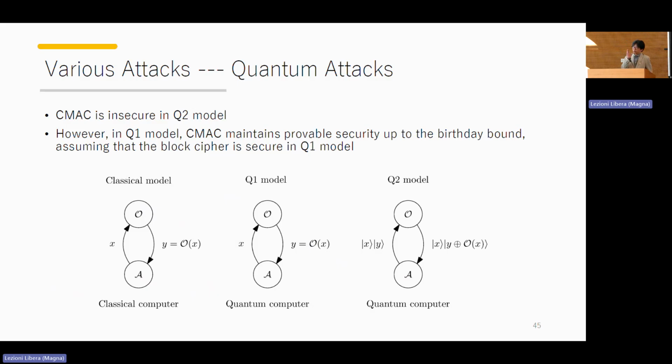So if we use AES and AES is secure in this model, then CMAC remains secure because the classical proof of the information theoretic setting carries over in the Q1 setting, if this assumption holds.